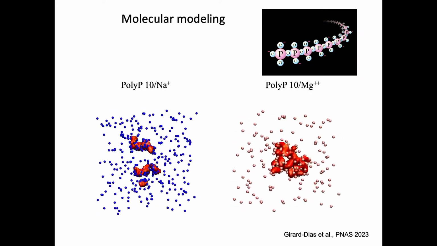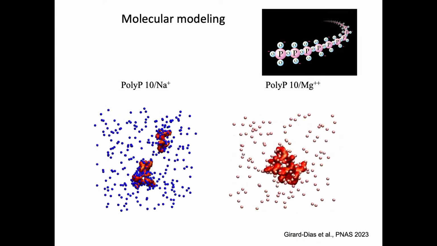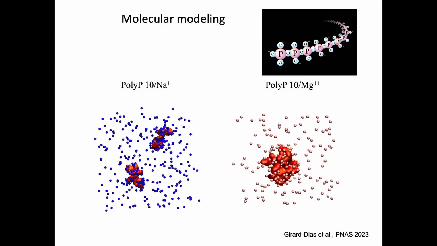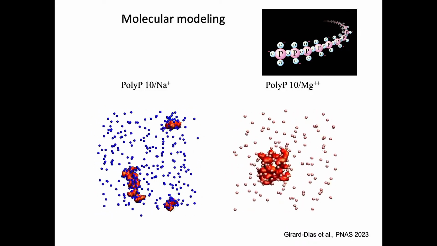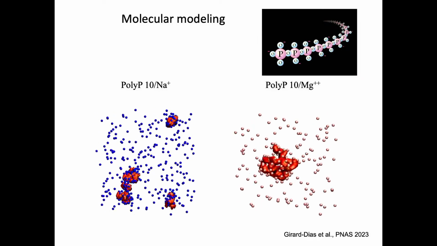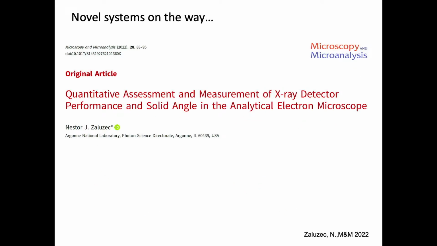What we saw is that when we have an extra positive charge here, it links two different polyphosphate units. So this explains why we have a more linear distribution when we have polyphosphate bound to sodium, and more aggregates when we have polyphosphate bound to magnesium. So this is more or less what we were seeing in our data.